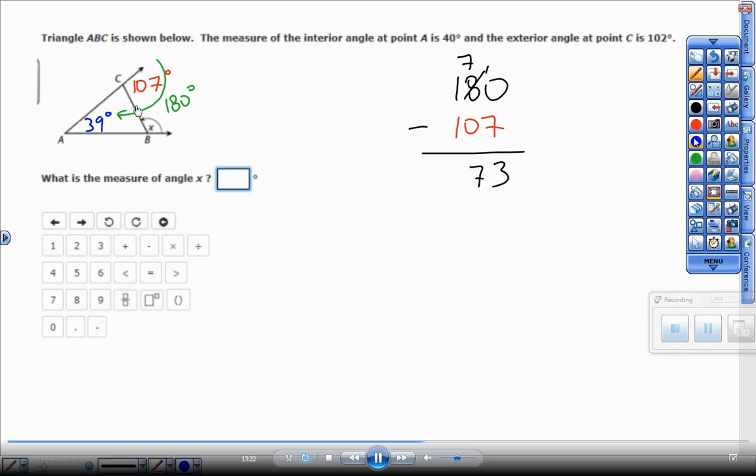That's what it takes to add up to give you 180. So 73 right there. And then once I have that angle inside there, remember the rule. Any external angle on the outside of a triangle formed like that is made up of these two inner angles added up. So this outside angle is made up of 73 plus 39.